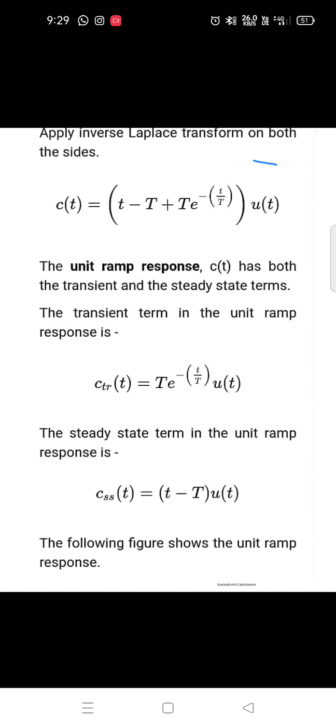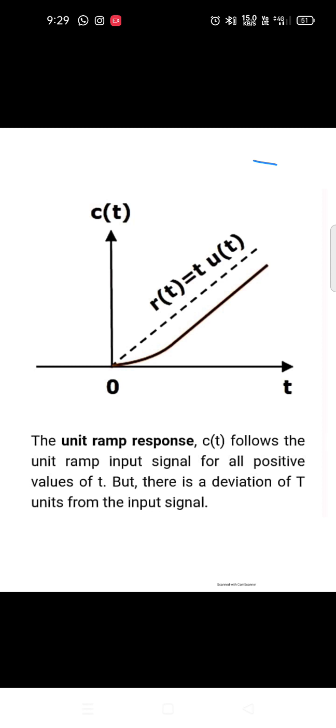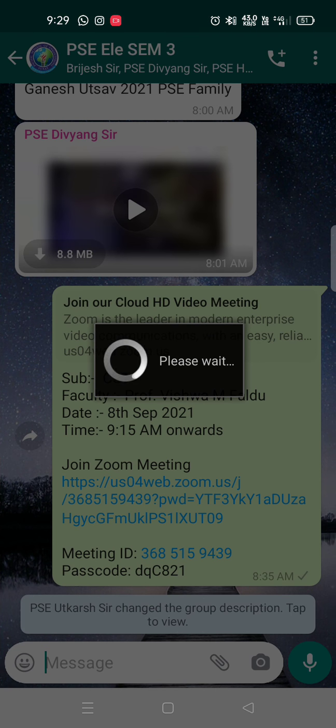So we can also write it as capital T into exponential of minus t by capital T times u of t, and the steady state term in this unit ramp response is t minus capital T times u of t. So for the unit ramp signal we have the figure here. So here we can say r of t.